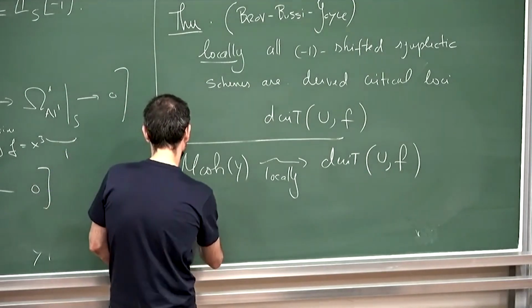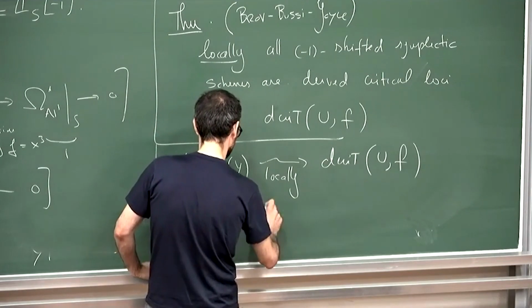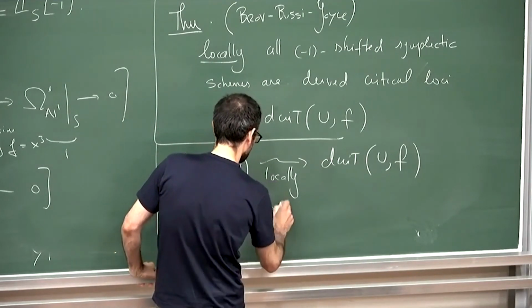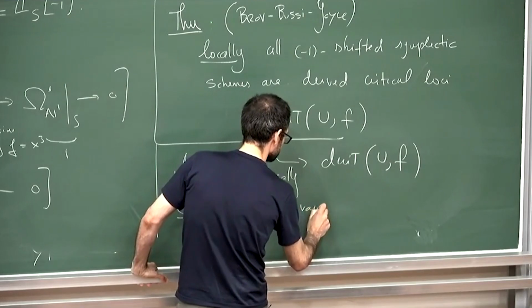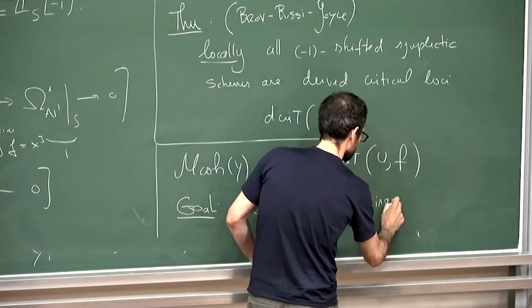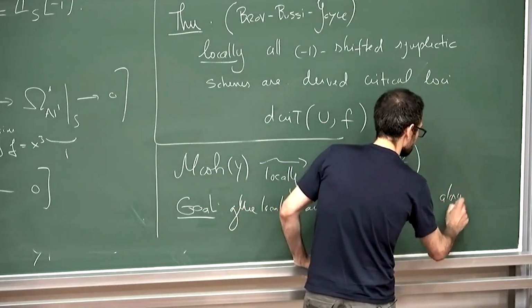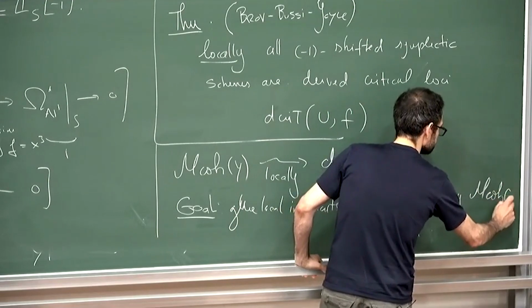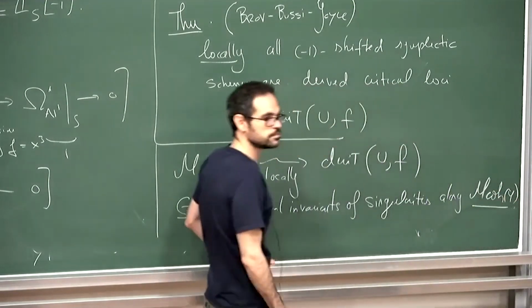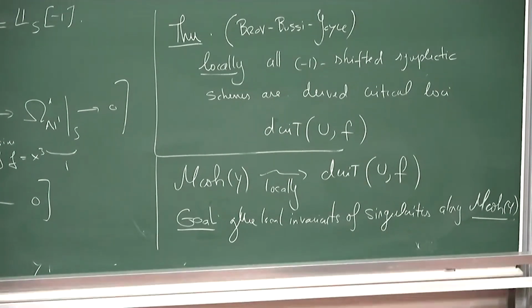So the goal is to glue local invariants of singularities along this big moduli space. Okay? So let me give you 3 examples of invariants we might.